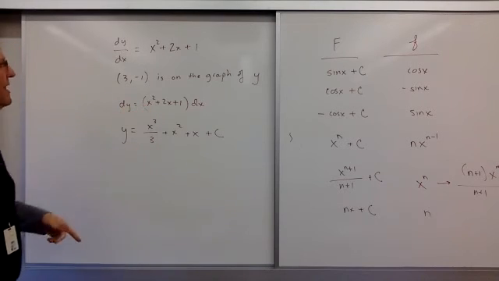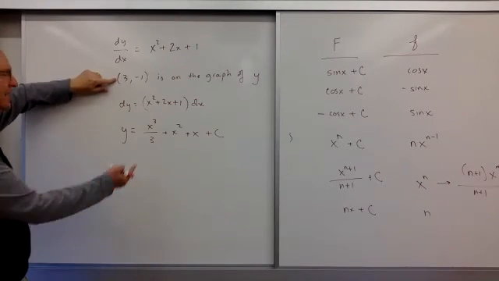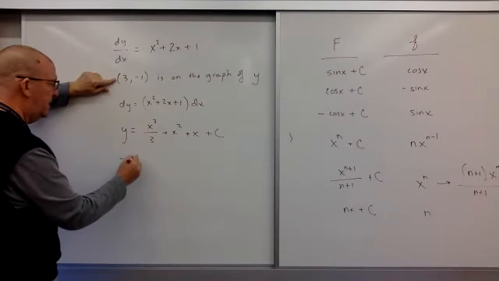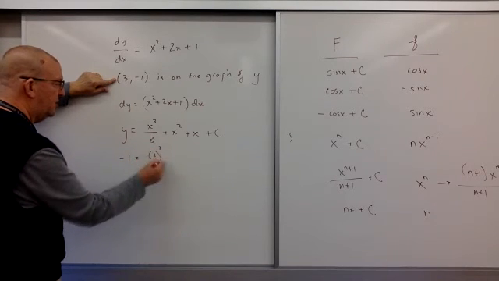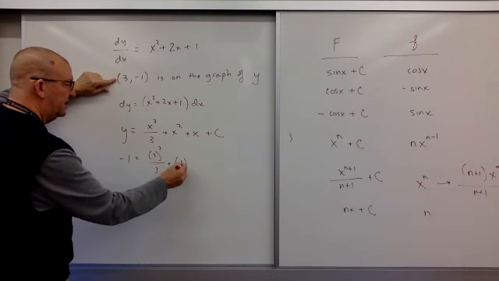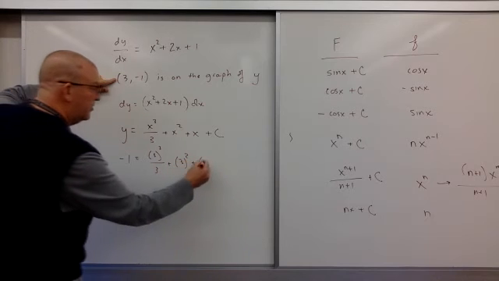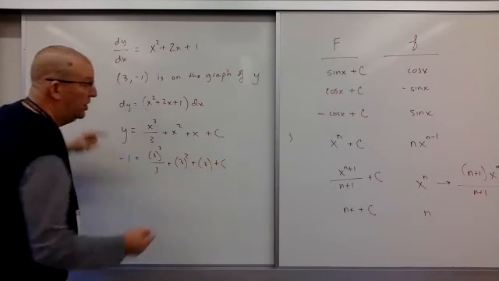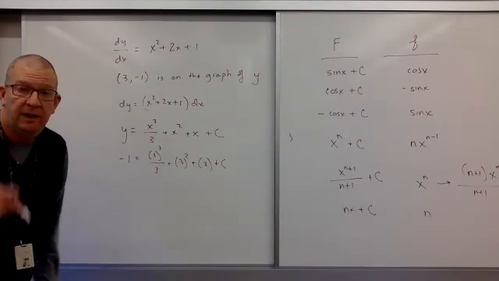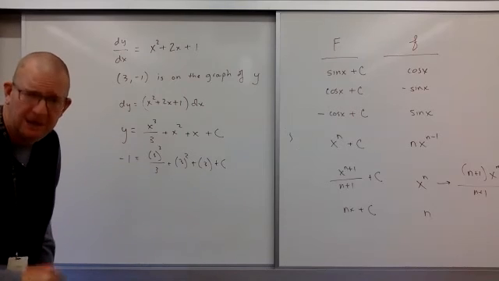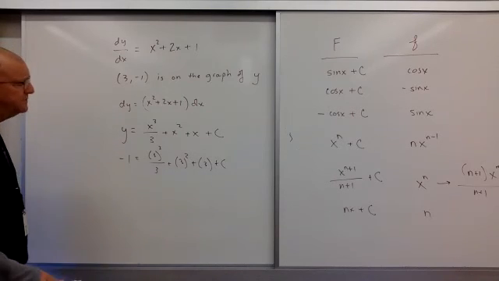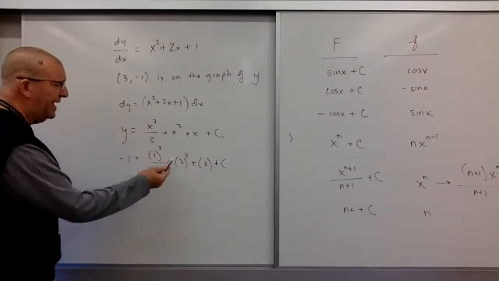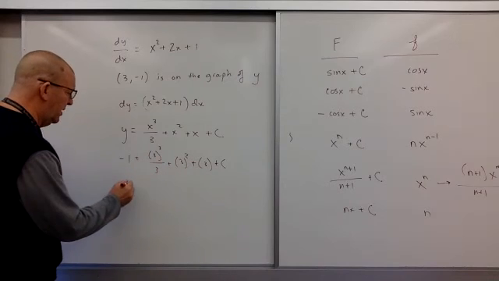Right? So here, now, what do we know? We know 3, negative 1. Let's plug it in. Negative 1 equals 3 cubed over 3 plus 3 squared plus 3 plus c. Can you solve for c? Yes, you can. If you can't, drop the class. Okay. 27 over 3 is 9. 9 plus 9 is 18. 18 plus 3 is 21.